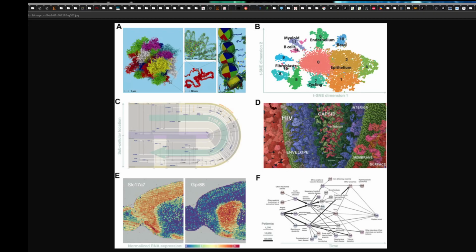Gehlenborg, N., O'Donoghue, S.I., Baliga, N.S., Goesmann, A., Hibbs, M.A., Kitano, H., et al., 2010. Visualization of omics data for systems biology. Nat Methods 7, S56-S68. DOI 10.1038/nmeth.1436. PubMed Abstract, Crossref Full Text, Google Scholar.